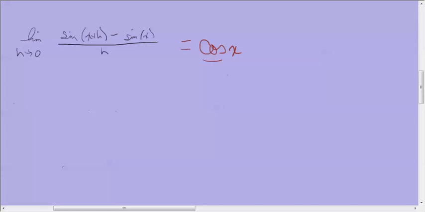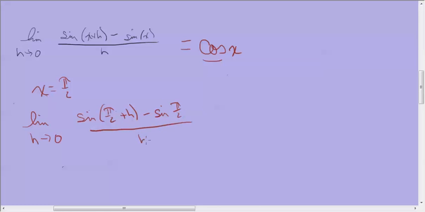So, problem 4. What happens when I make x equal pi over 2? Okay, this is written then as the limit as h approaches 0 of the sine of pi over 2 plus h minus the sine of pi over 2 divided by h.